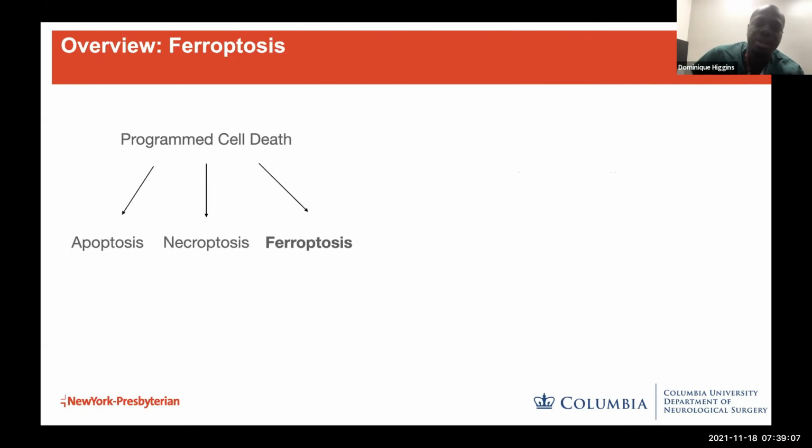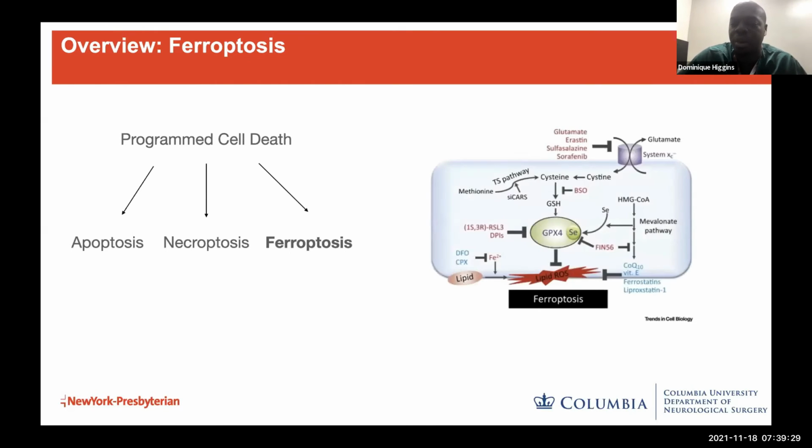So I won't talk too much about glioma because Kater and Victor gave a great grand rounds a few weeks ago on that, and you guys are very well versed in it. But ferroptosis is a relatively new form of cell death under the umbrella of programmed cell death pathways, apoptosis probably being the most popular, but this is an independent arm that was actually discovered by one of our collaborators, Brent Stockwell.